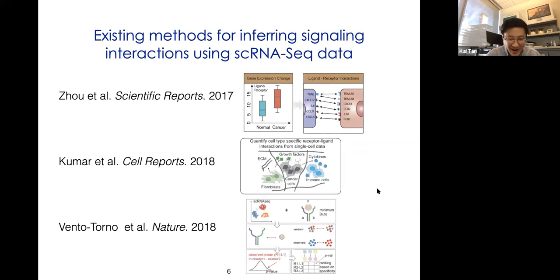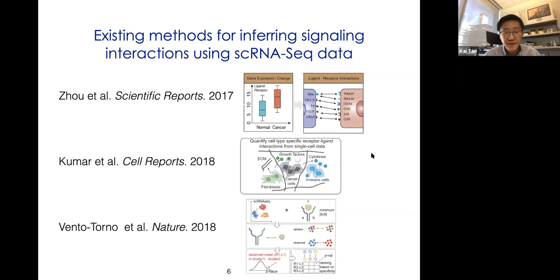So taking advantage of single cell data, several groups have actually developed methods to infer signaling interactions using single cell RNA-seq data. Several representative methods are shown here. Those are great advancements, but I think one missed opportunity here is that these methods mostly only look at ligand receptor pairs.